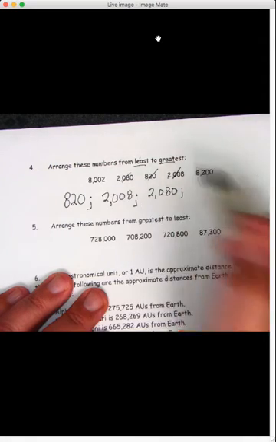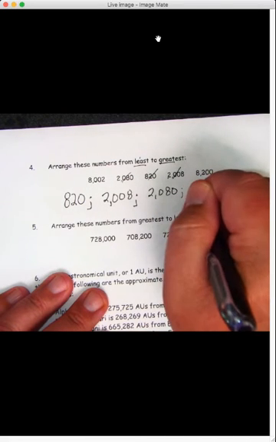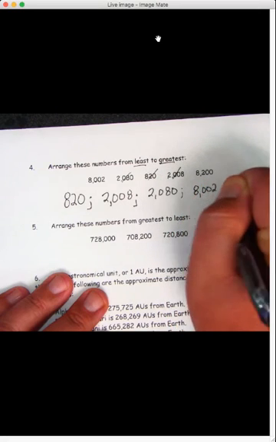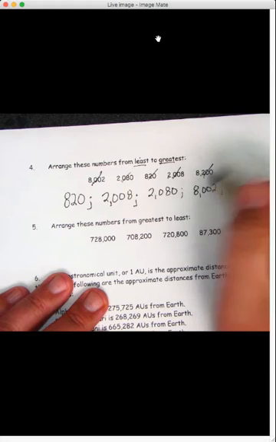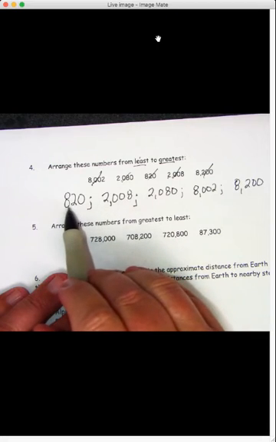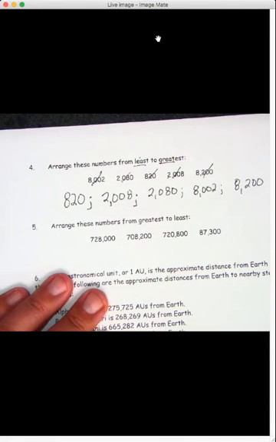So this guy is smaller than this one, so he'll go next. 8,002. And that means the biggest one is 8,200. I'm just going to look back over these and make sure. Oh, an 8? What? Oh, that's the hundreds place. There's nothing in the thousands place. So, yep. I think I got them right.